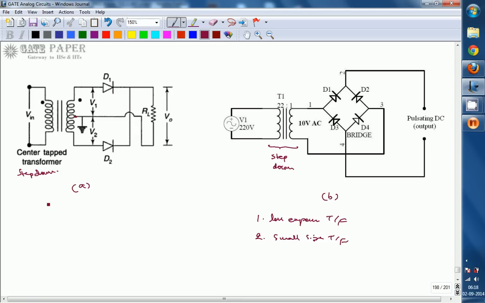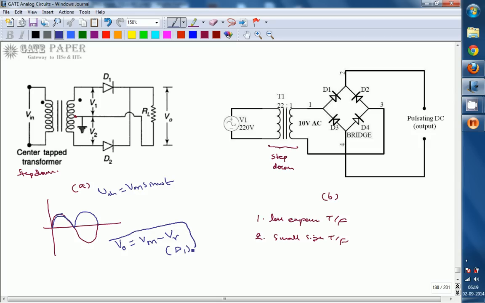If you apply an input signal, you are going to get the output signal in the same way. What we are estimating is, if V input is Vm sin omega t, then V naught can be equal to Vm minus V gamma, where V gamma is the cut-in voltage of diode, either D1 or D2.